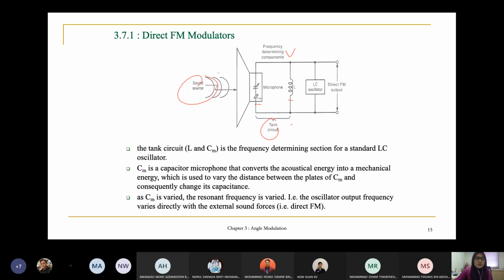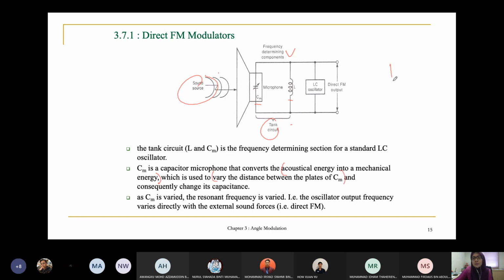The function of this capacitor is to convert acoustic energy, since the sound source is acoustical energy, into mechanical energy, which is used to vary the distance between the plates of Cm.